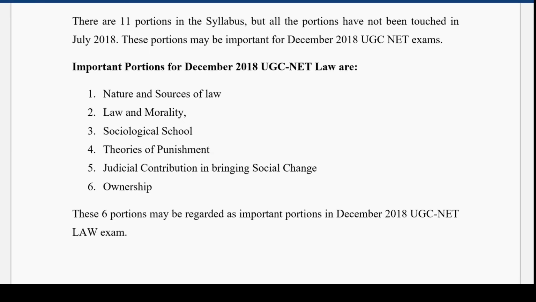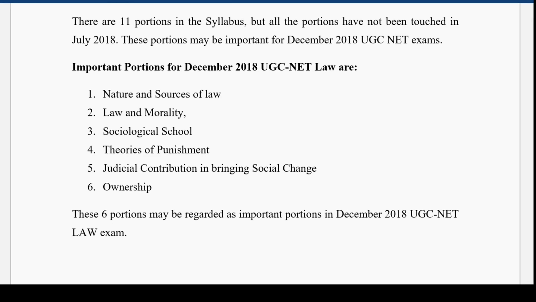Law and morality can be a tricky one regarding the courts, because a lot of cases can come from law and morality. Then the sociological school, which is part of school of jurisprudence, theories of punishment, judicial contribution in bringing social change, the vague one, and ownership. So these 6 portions are important.